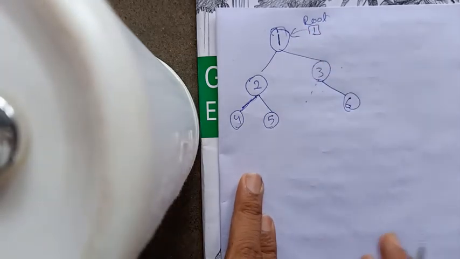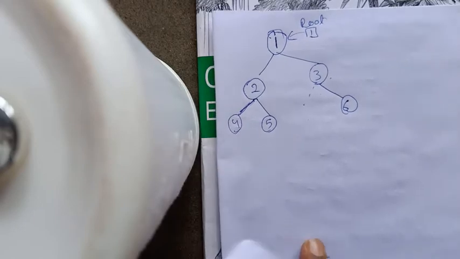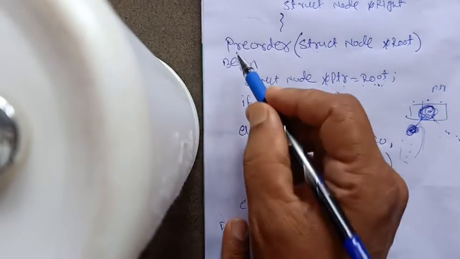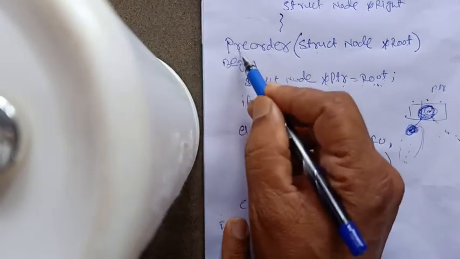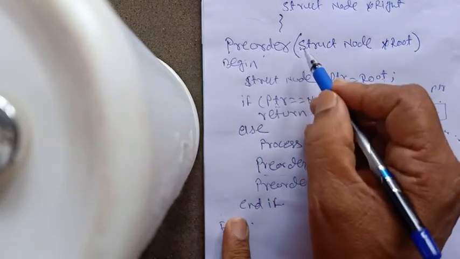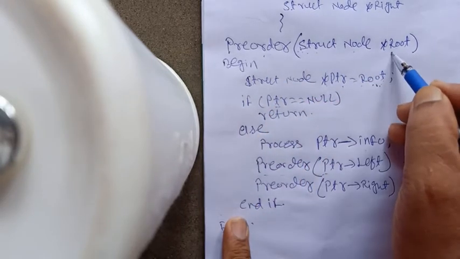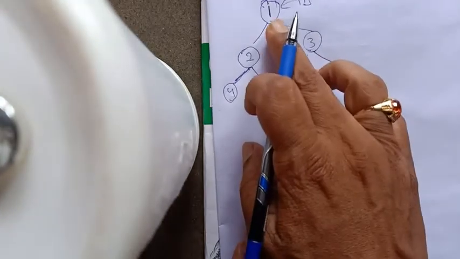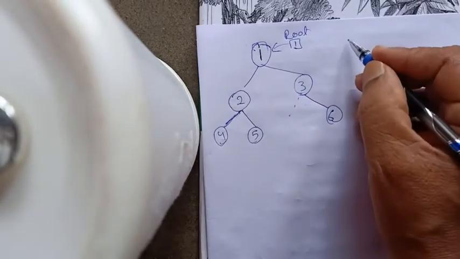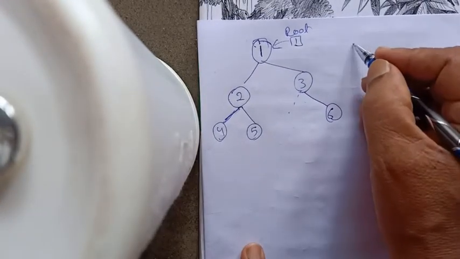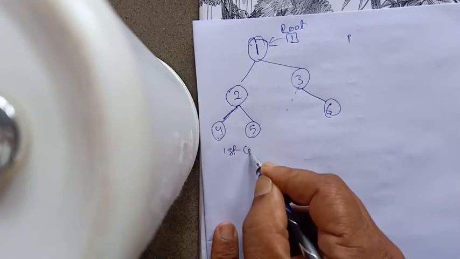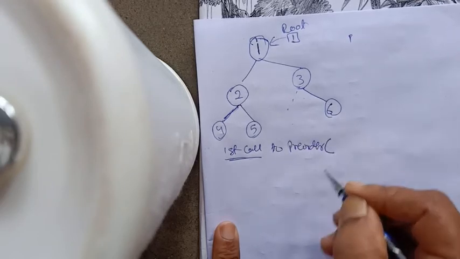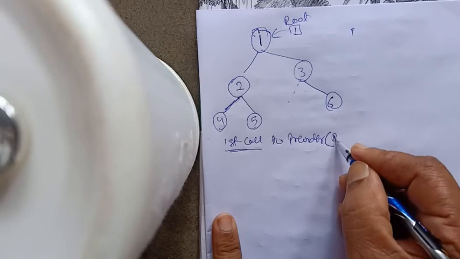Now if I apply the pre-order algorithm, when the pre-order function is called for the first time, there will be a variable struct node asterisk root. This variable will contain the address of the first node, which is 1. So let me write here, the first call to the pre-order function, and in the pre-order function there will be a variable called root.